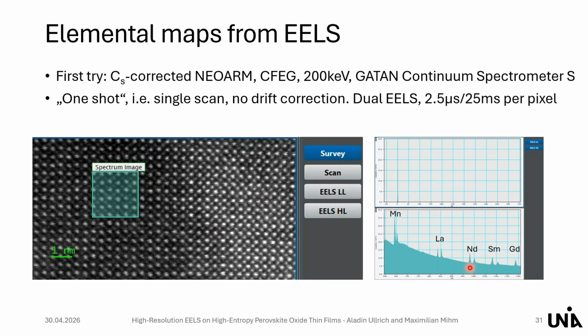Even if you do not have white lines, you still have ways to create your own standards. Although the model, the Hartree-Slater model that we usually use, many times works, especially if you have overlapping signals or edges that are very close, then you can use the standards to nicely differentiate those. So even if you have an edge which does not have any white lines, you are still able to do that. And we have done this. We have many examples.